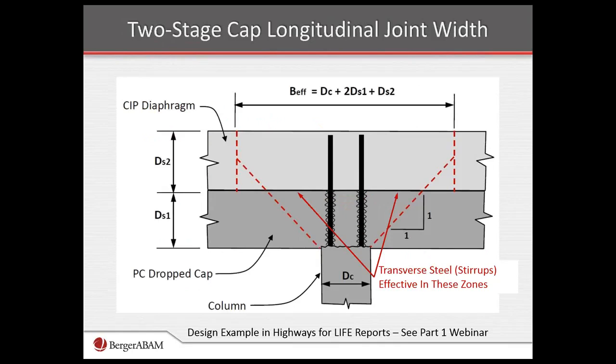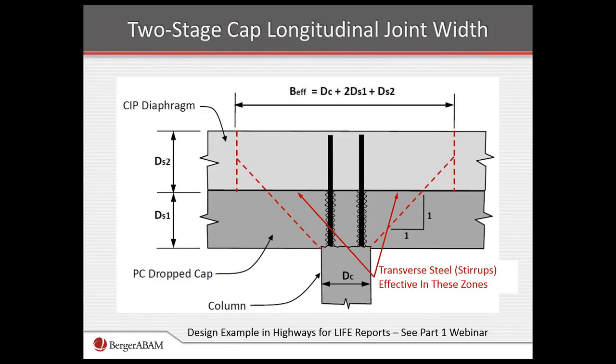Now, looking at this same connection in the other direction, you see that there's kind of a spread as you go up from the column through the first stage cap, that's with the depth D sub S1, to the upper level, which is the cast-in-place portion and where the girder projections would connect, and that's D sub S2. And so we've defined an effective width.